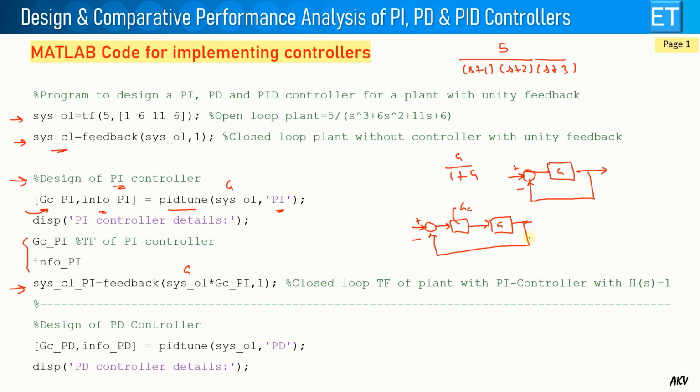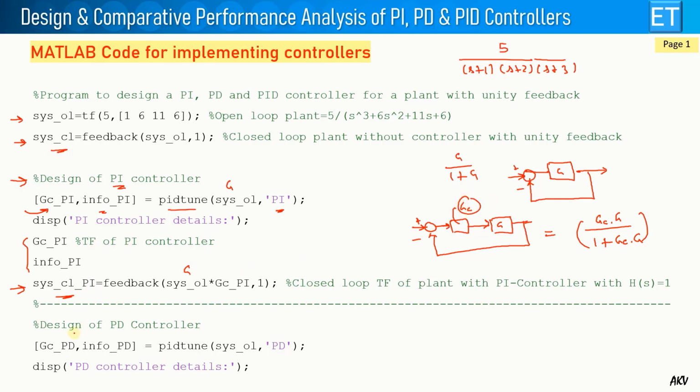So here I'm getting my closed loop system, that is GC G upon 1 plus GC G. This transfer function is represented by sys-CL PI, and this PI is realized by this GC.